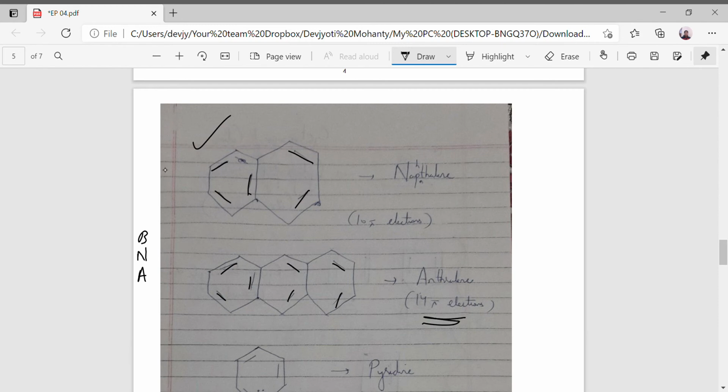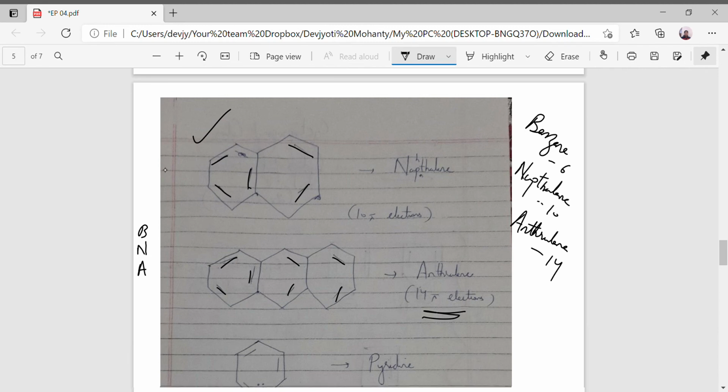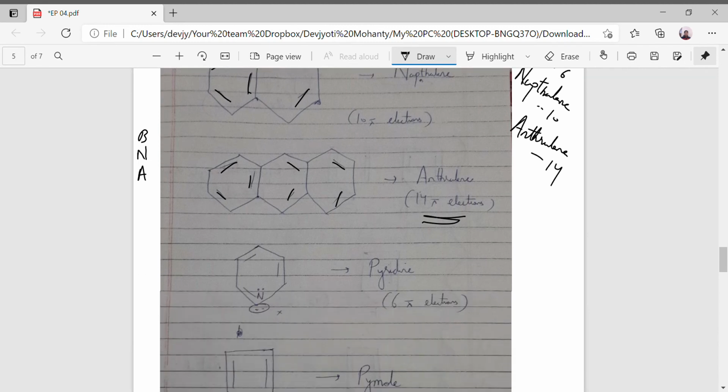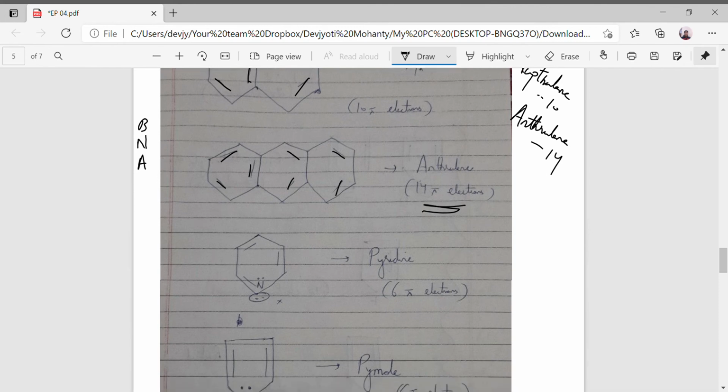Just remember that benzene has 6 pi electrons, naphthalene has 10 pi electrons, anthracene has 14 pi electrons. And do remember the diagrams. Then pyridine.